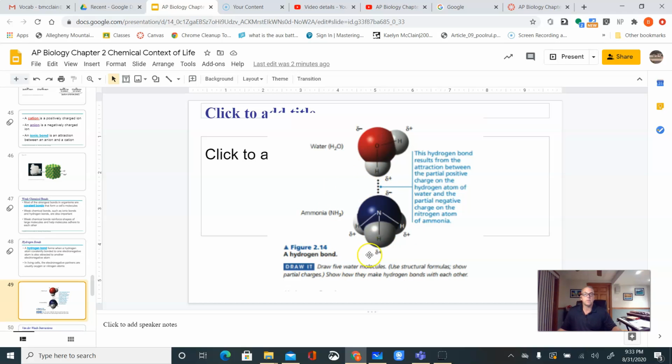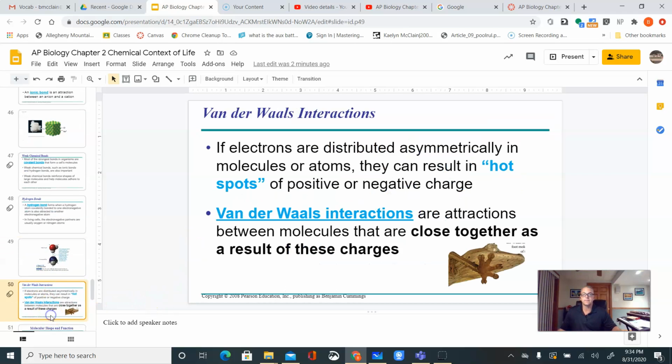In this case right here, we have ammonia. So you have this slight negative charge right here, and up here you have hydrogen with a slight positive charge. And the interaction that's taking place right through here is going to form a covalent bond. I'm sorry, a hydrogen bond. So that hydrogen bond kind of holds things together.